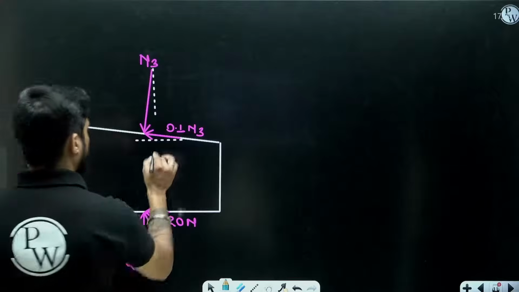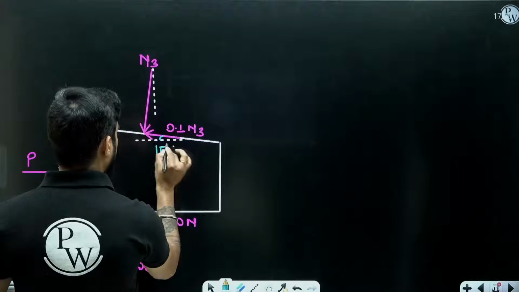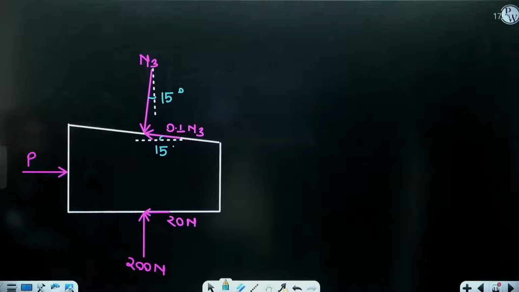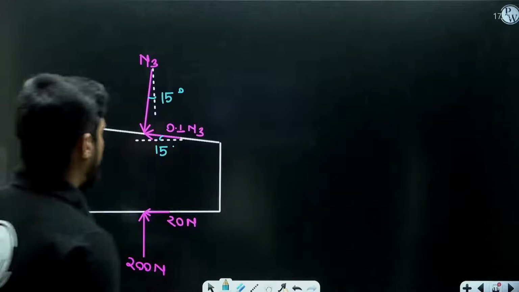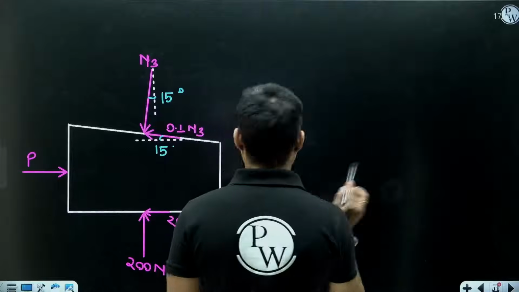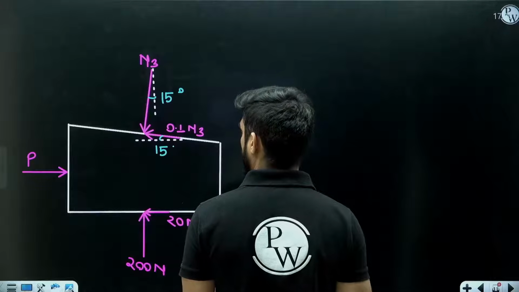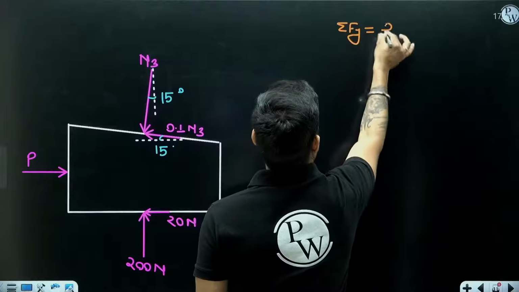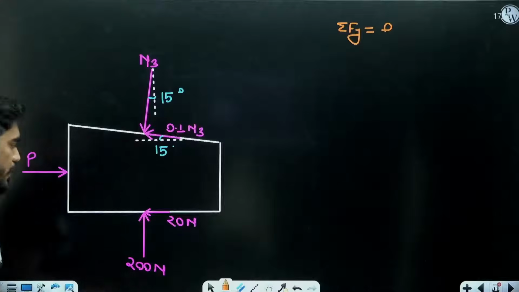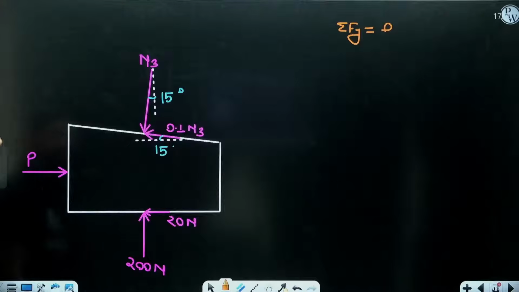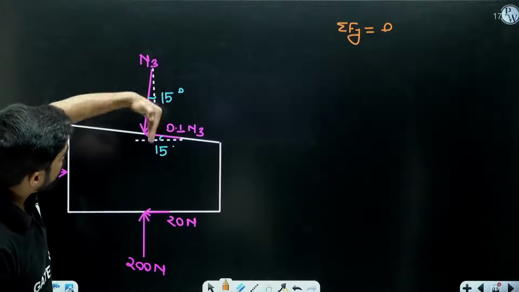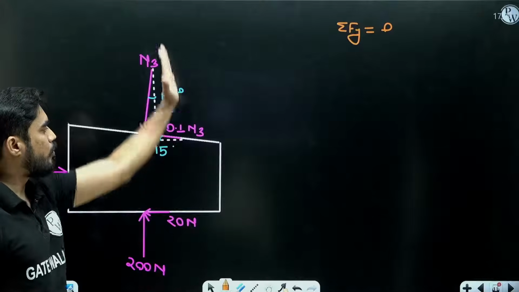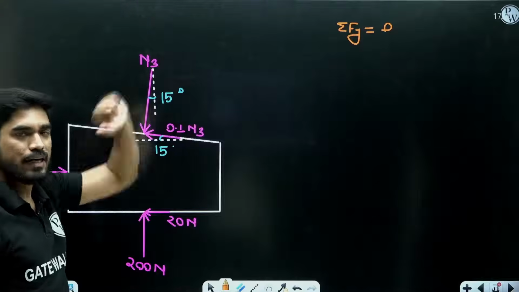Yes, this is 15 degree, so this will be 15 degree. Okay, now carefully you have to resolve the forces. So first we will use summation of Fy equal to 0. In y direction, there is 200 Newton upward, then there is cos component of N3 downward and sine component of 0.1 N3 upward.